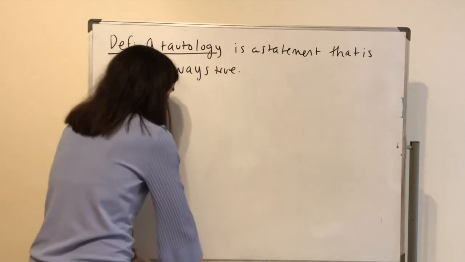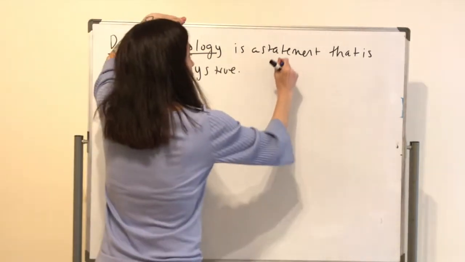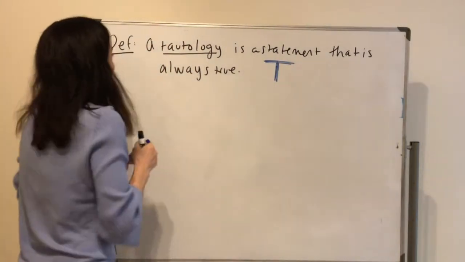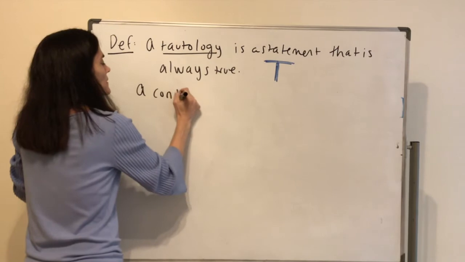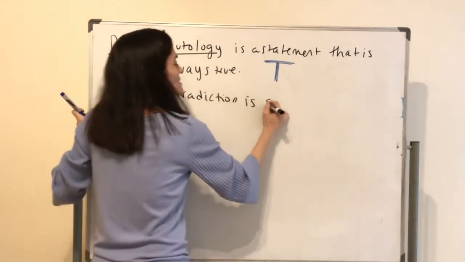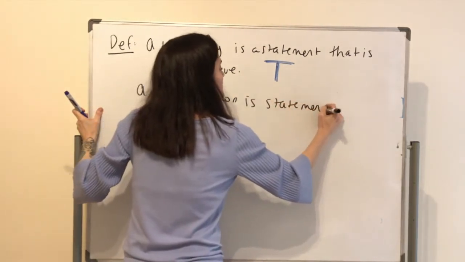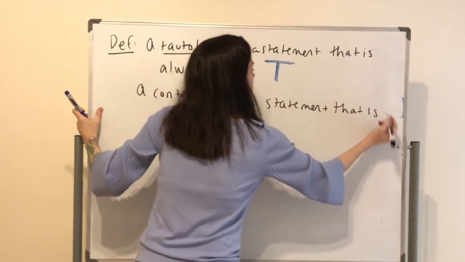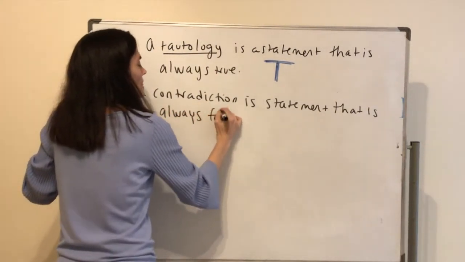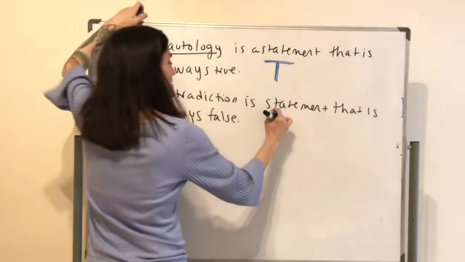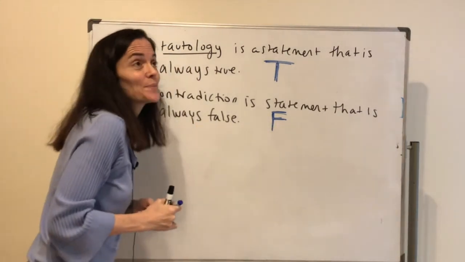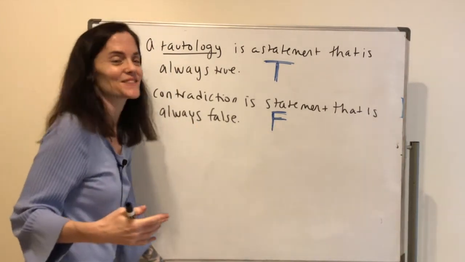And sometimes you will see this written as this sort of bolded T for tautology, and a contradiction is a statement that's always false. And you will see this as a sort of bolded F. Now let's see an example of a tautology and a contradiction.